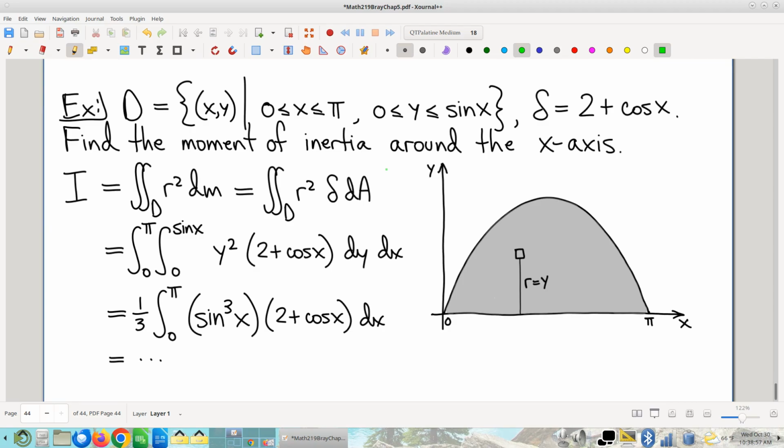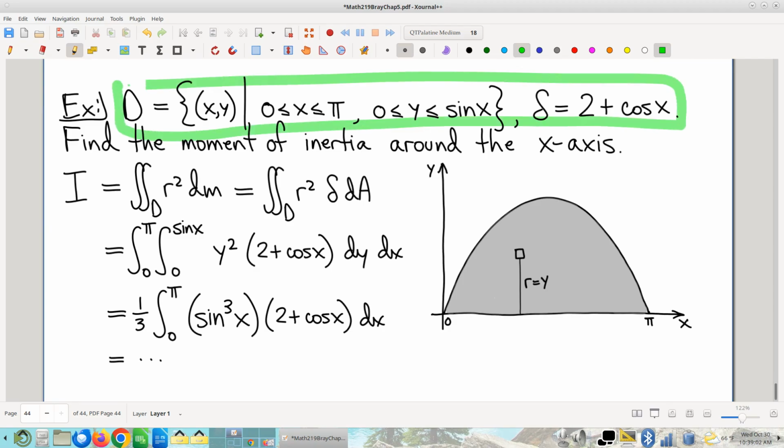We are going to look at, let's see here, this domain on which I have mass distributed like so, as indicated by this formula, delta. So notice that's a weird formula. The density is higher and then lower and then higher again, right? This is a weird distribution of mass in this region. And we want to find the moment of inertia.